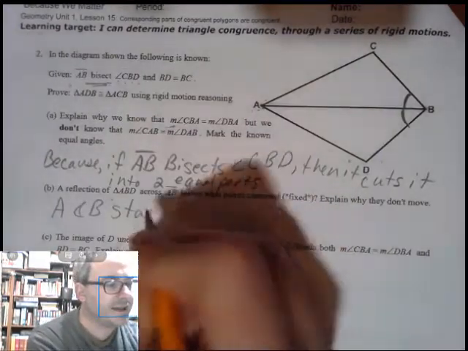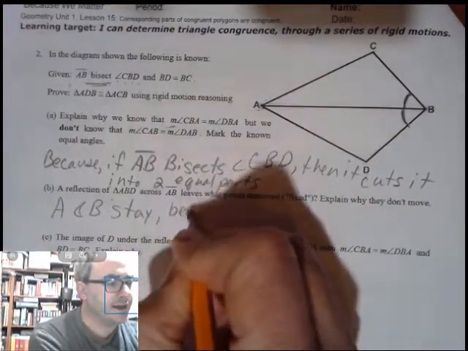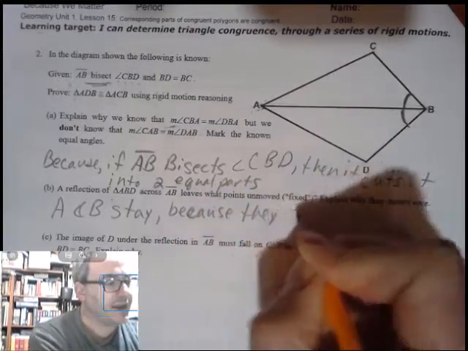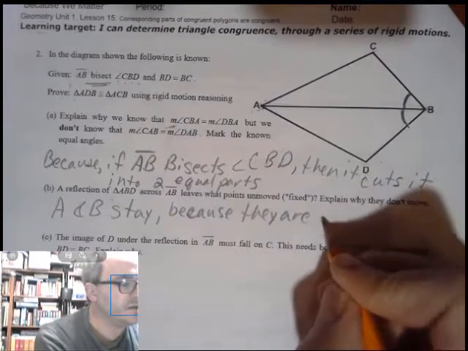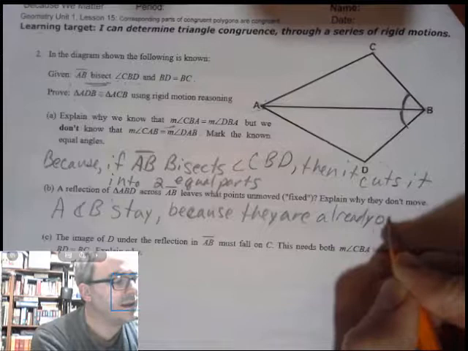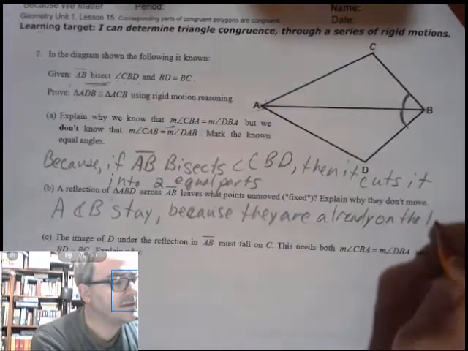A and B stay because they are already on the line.